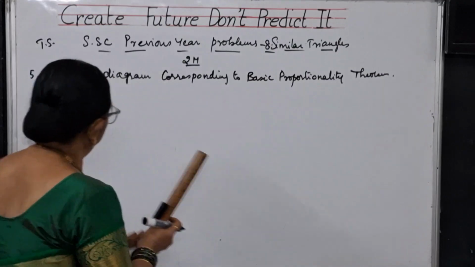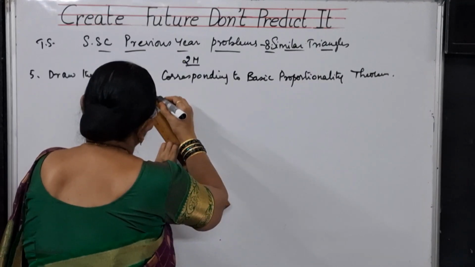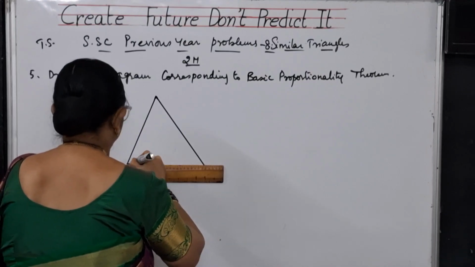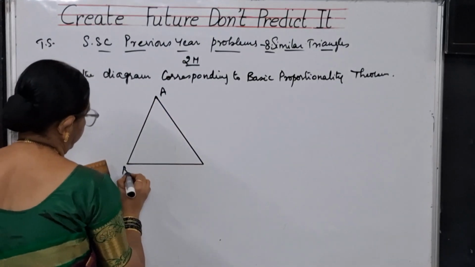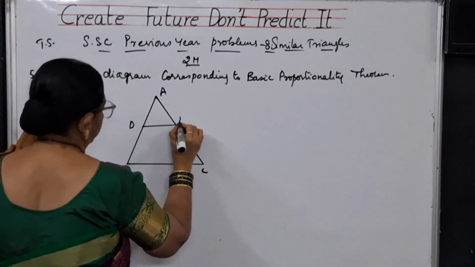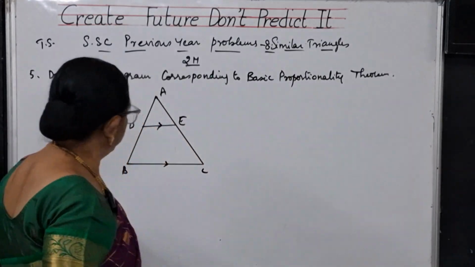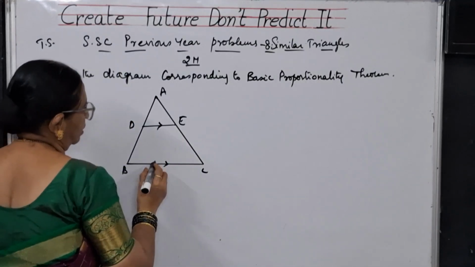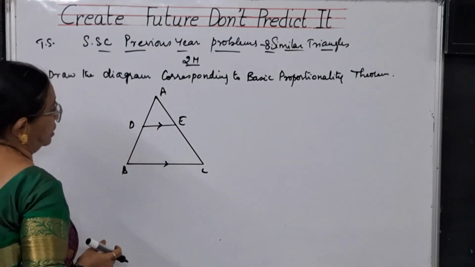So if you have drawn one triangle like this, let me consider it as A, B, C. Suppose there is a line DE which is parallel to BC in such a way that it divides the other two sides in the same ratio, then we call it as BPT theorem.